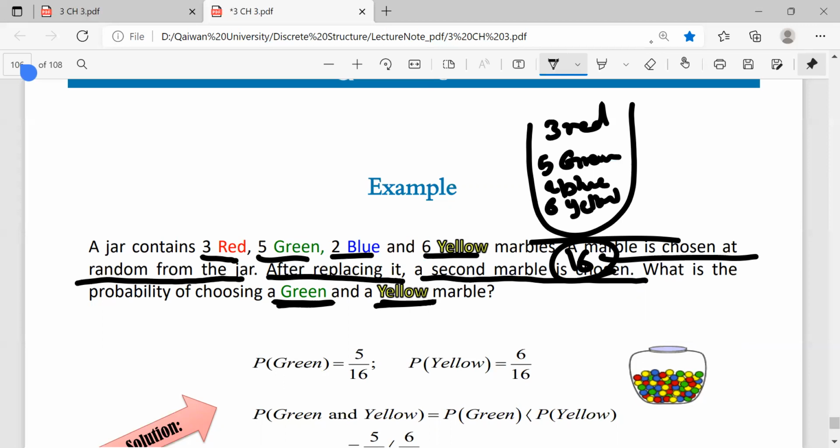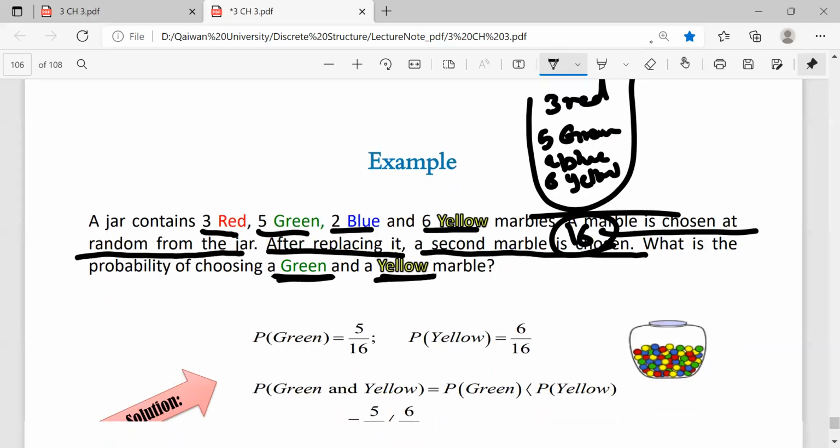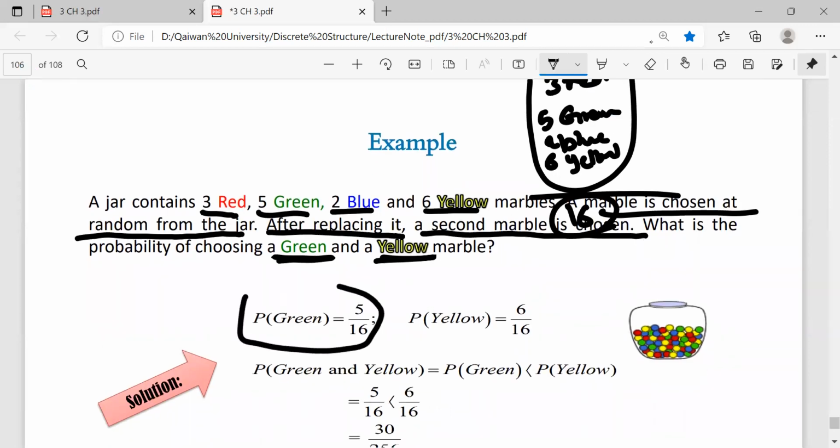We return it, and then we take a yellow one. The probability of yellow: how many yellow do you have? 6, so 6 over 16. The probability of green is 5 over 16 and the probability of yellow is 6 over 16. We just multiply these two, and we get the probability of green and yellow.